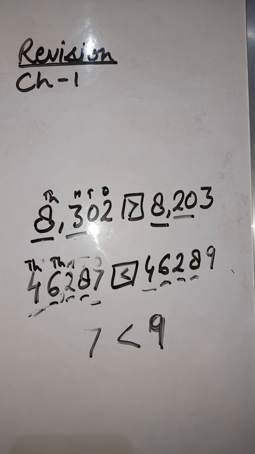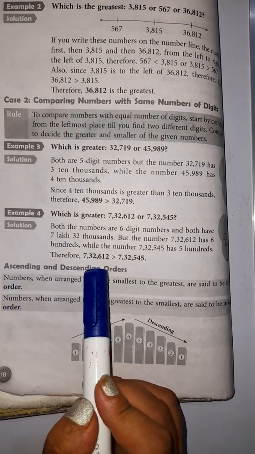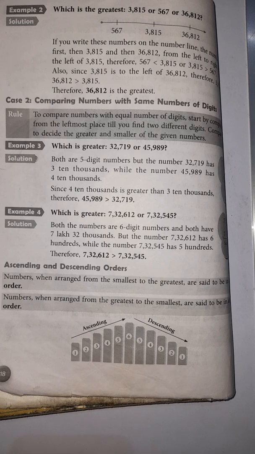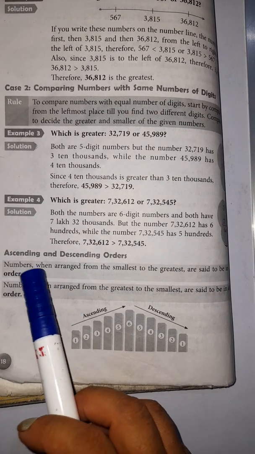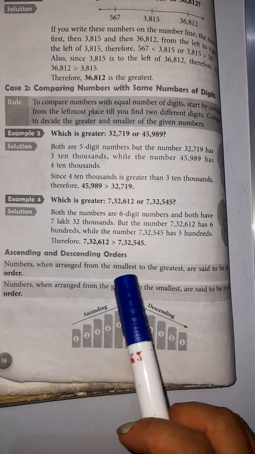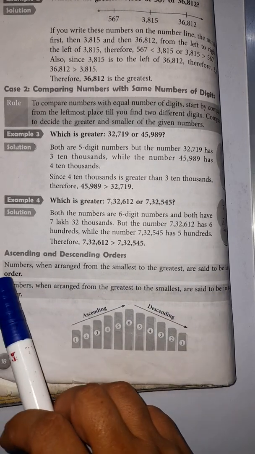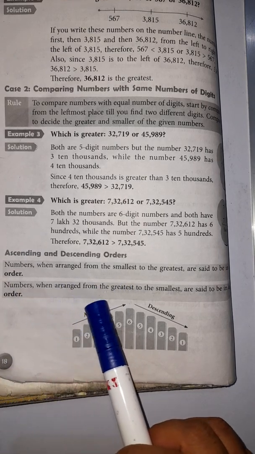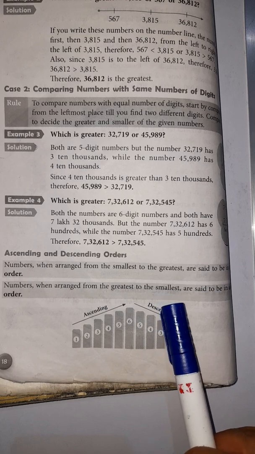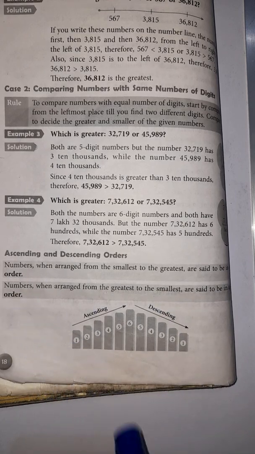Okay? Now the next topic is ascending and descending orders. What is ascending order? Numbers arranged from the smallest to the greatest are said to be in ascending order, and numbers arranged from the greatest to the smallest are said to be in descending order.